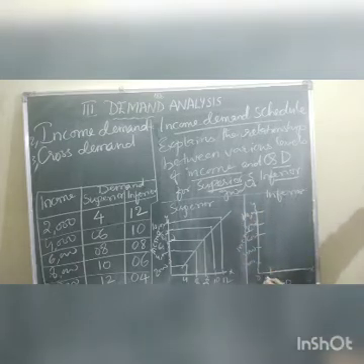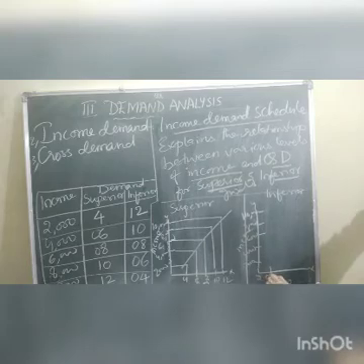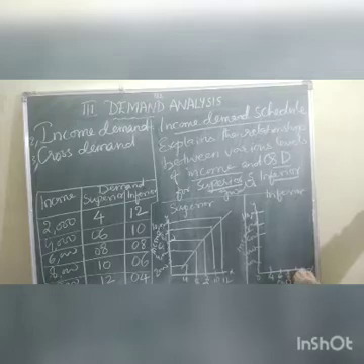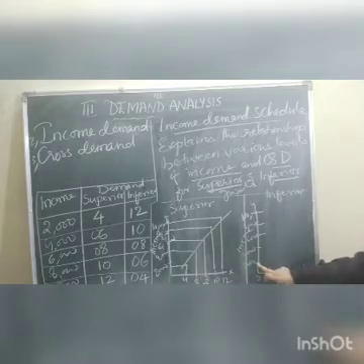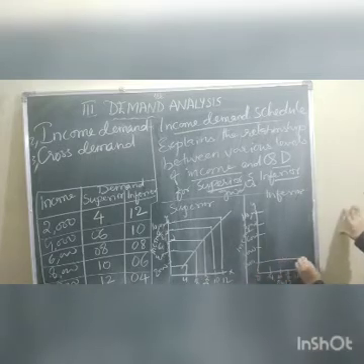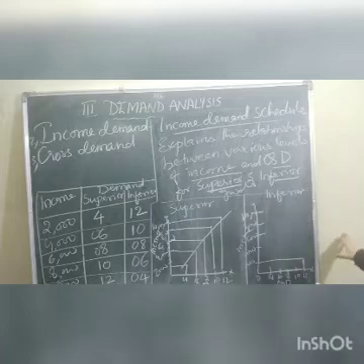Inferior starts from 4, 6, 8, 10, 12. Let us do it with the help of that table.